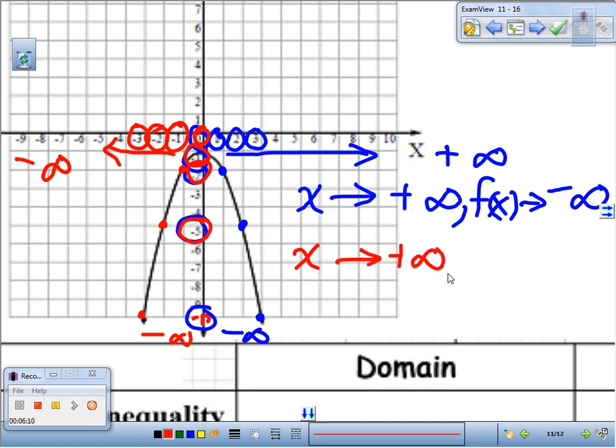That is correct. Oh, actually, no. Where is it approaching? Negative infinity. As x approaches negative infinity, f of x approaches what, guys? Negative infinity. That is correct. All right. All right, we're done with that one.